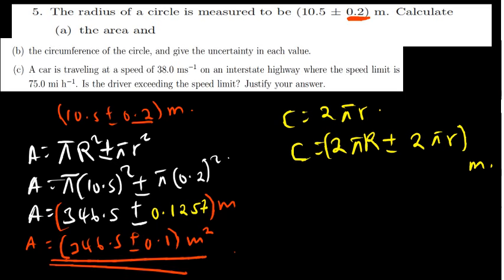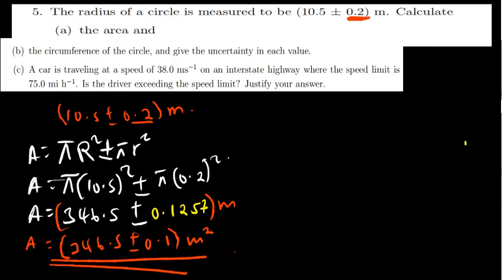Now I want to ask you, part C, sorry, is saying a car traveling at a speed of 38.0 meters per second on an interstate highway where the speed limit is 75.0 miles per hour.